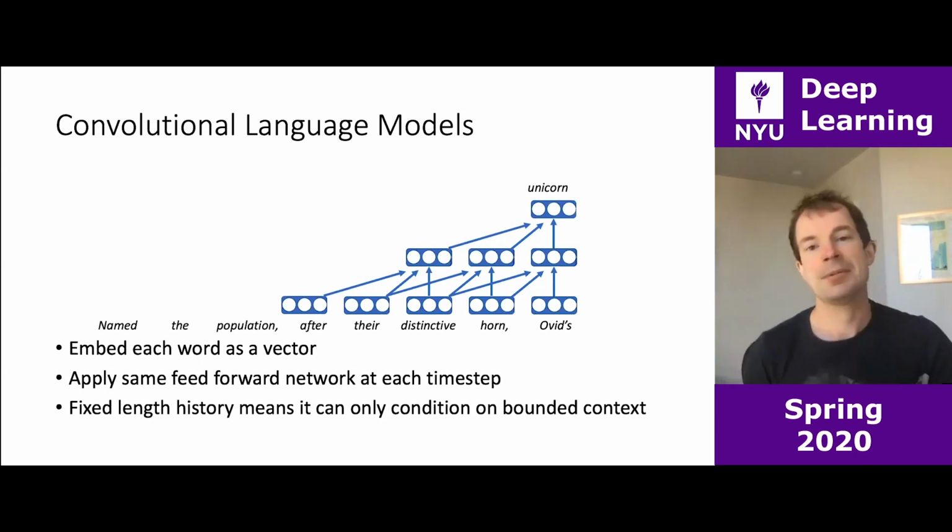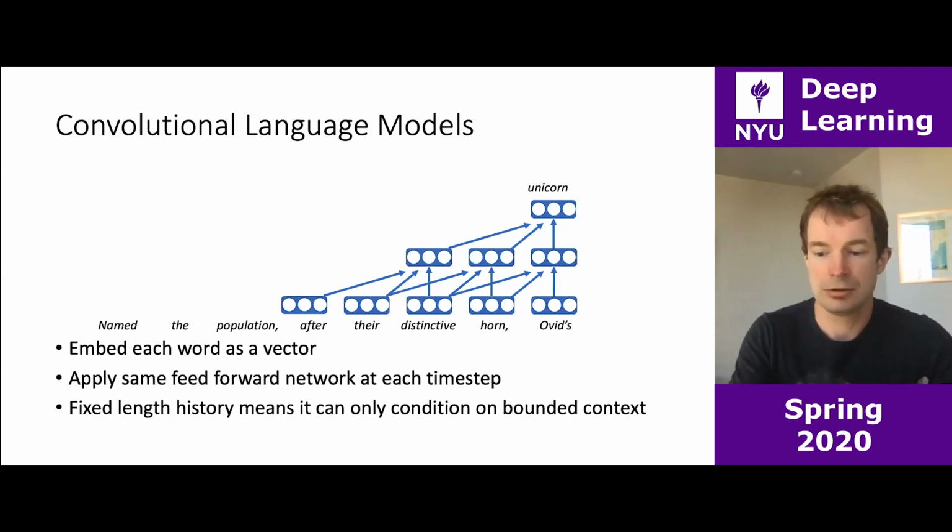For an extreme example, if you're trying to build a language model of a complete book, it might actually help you to be able to condition on the title of the book at all time steps, and obviously the title will be hundreds or thousands of words previously. And it's quite hard to build a convolutional receptive field that's big enough to do this.